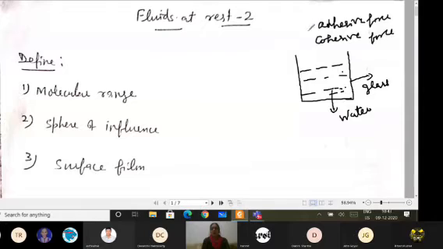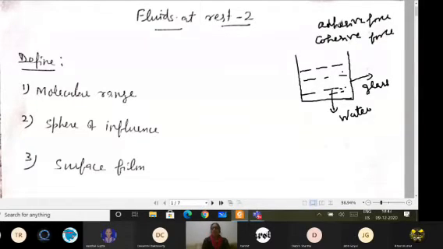One is adhesive forces between different types of molecules, meaning between water and glass or water and plastic, whatever container material you are taking. Cohesive forces are the forces between the water molecules or similar types of atoms or molecules.